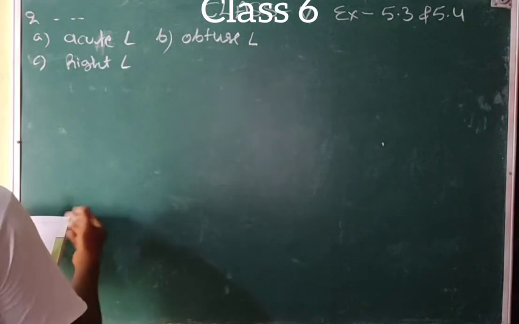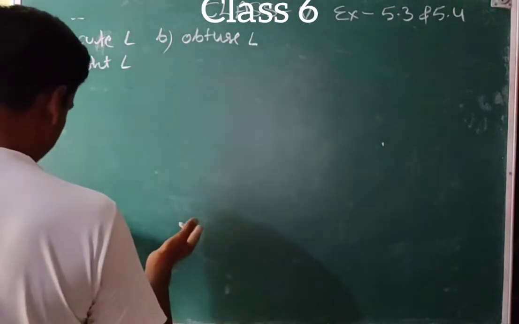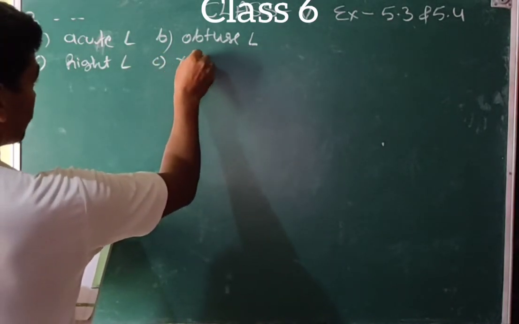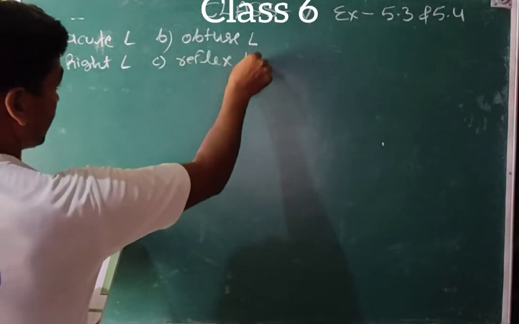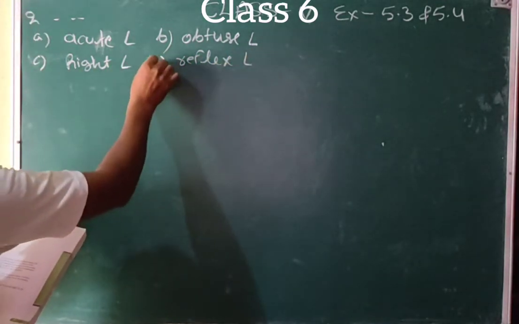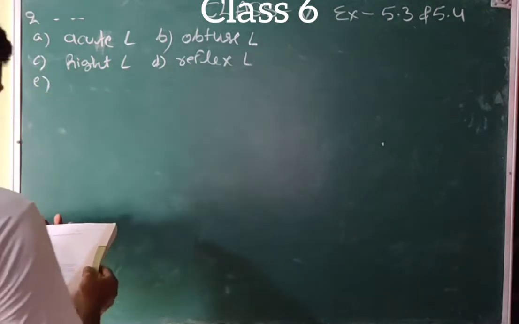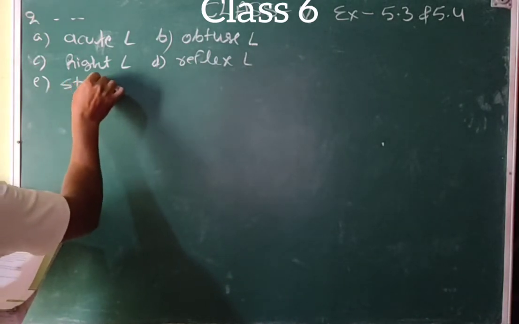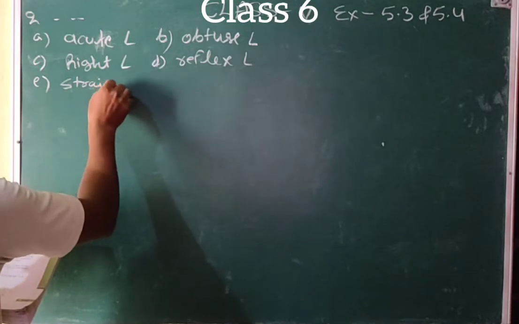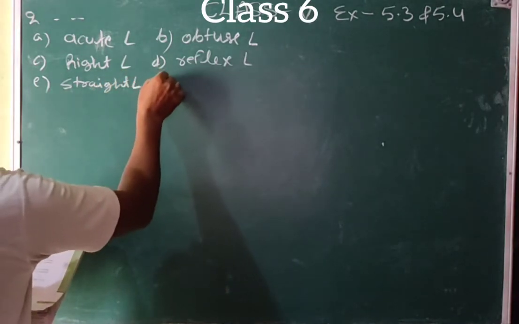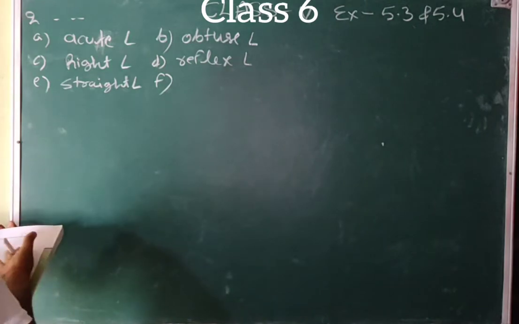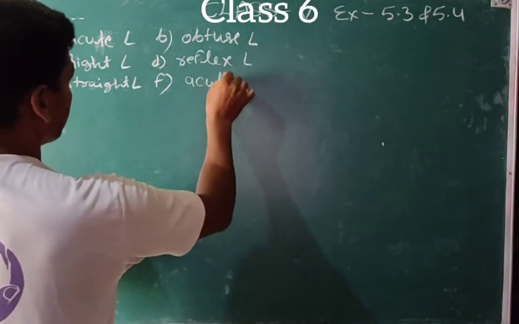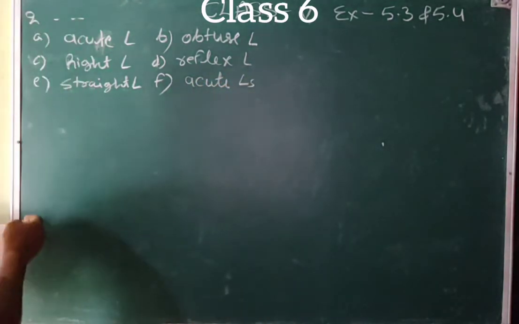And then the third is reflex, looking more than 180 degrees, so C is reflex angle, that is D. E part, on a straight line the angle is a straight angle. F part, both angles are less than 90 degrees, so acute angles.